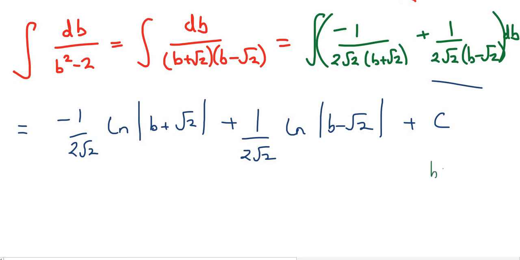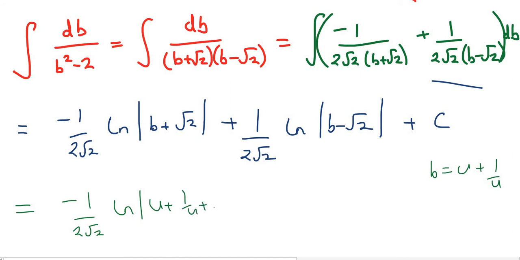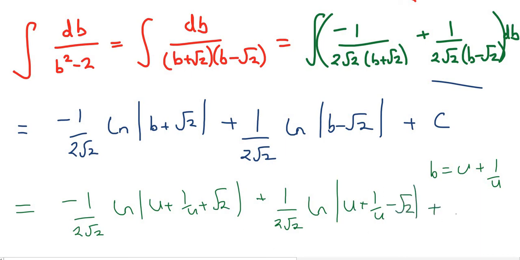If you remember, b was u plus 1 over u. So our integral becomes minus 1 over 2 root 2, natural log of u plus 1 over u plus root 2, plus 1 over 2 root 2, natural log of u plus 1 over u minus root 2, and plus C.